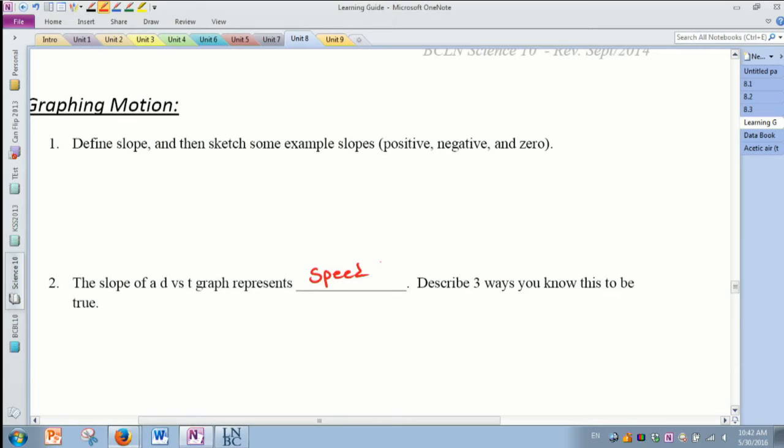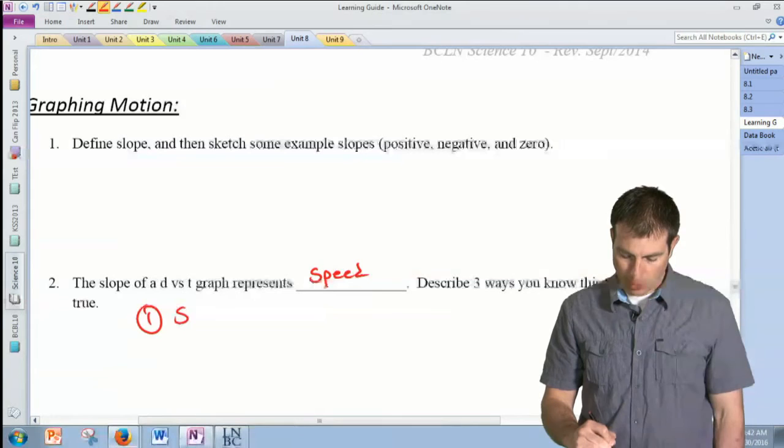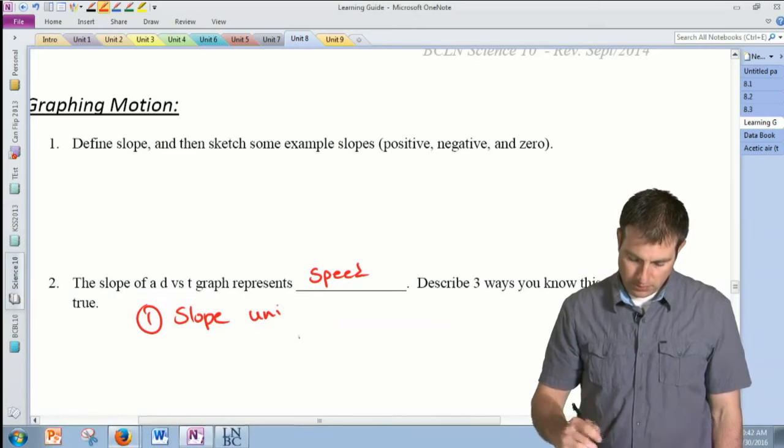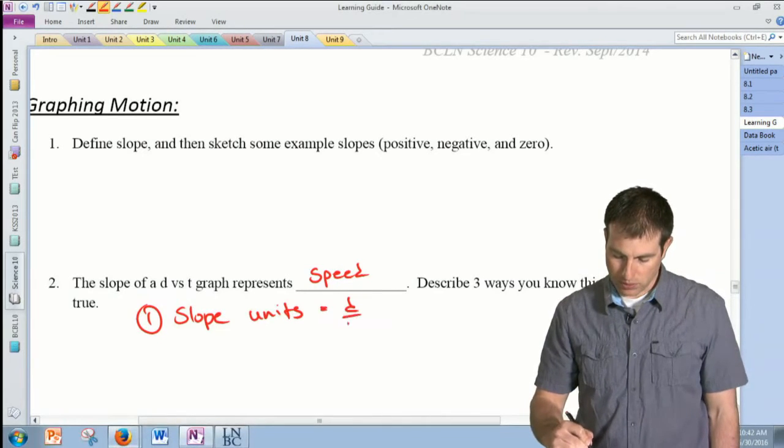All right, so the slope of a distance time graph is speed. Describe 3 ways you know this to be true. I can think of one way. I could calculate the slope, and my units will be in distance versus time, which is a speed.